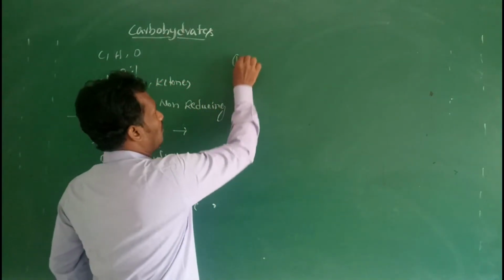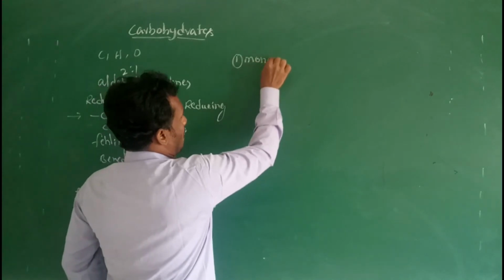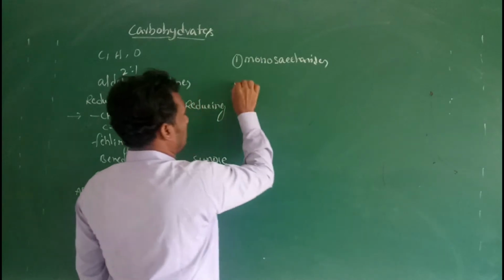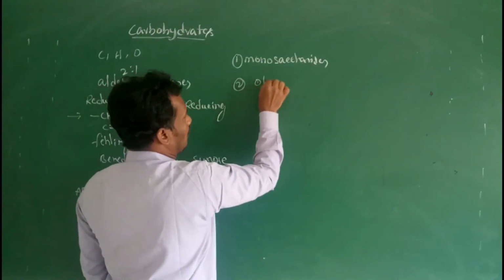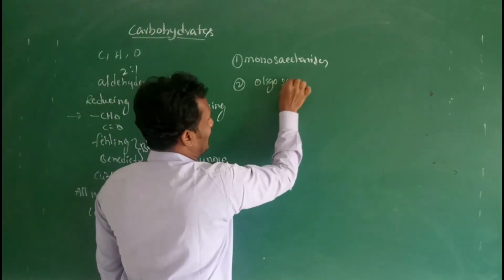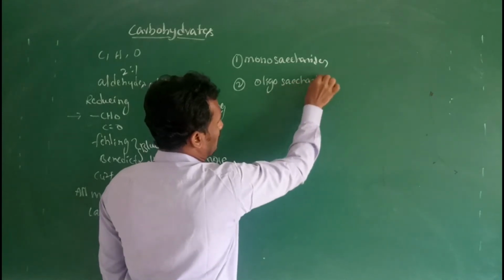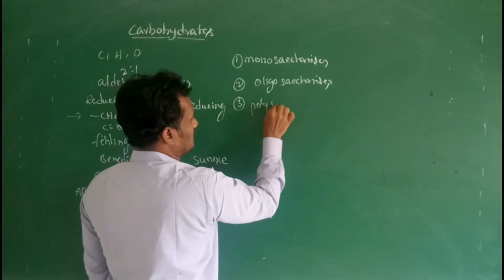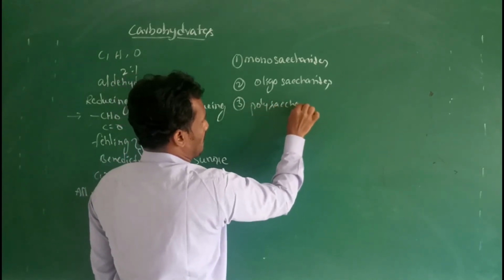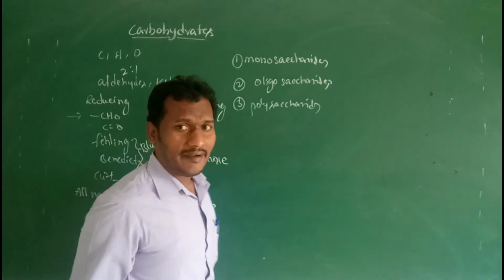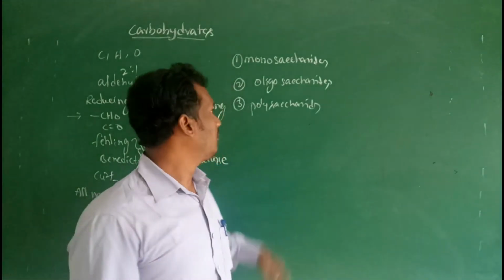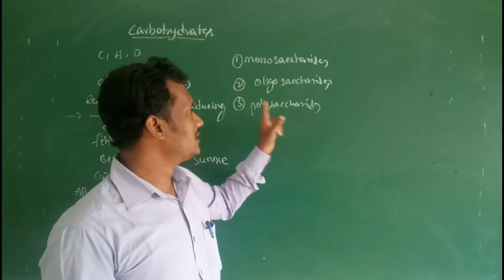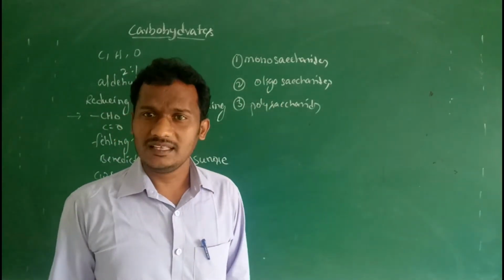First, monosaccharides. Second, oligosaccharides. Third, polysaccharides. So based on hydrolysis and the products of hydrolysis, carbohydrates are classified into monosaccharides, oligosaccharides and polysaccharides.